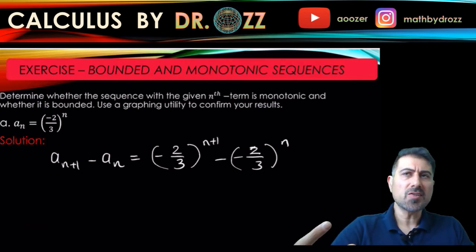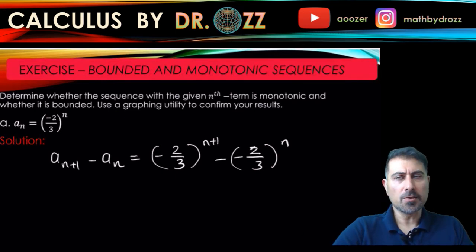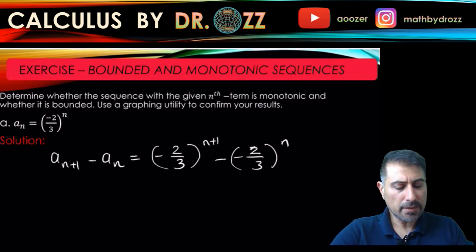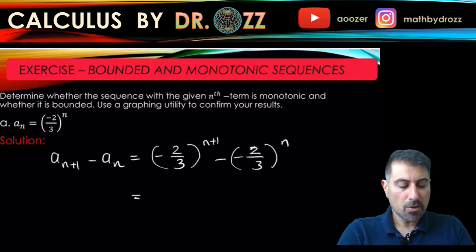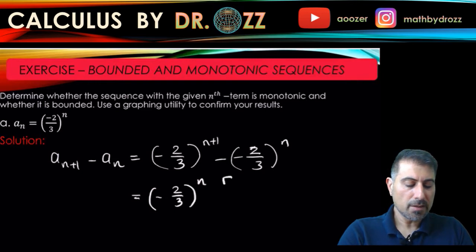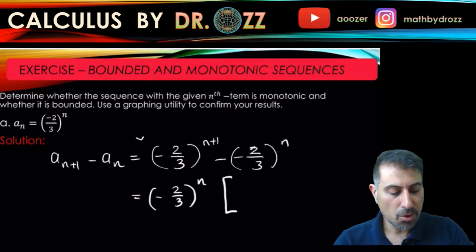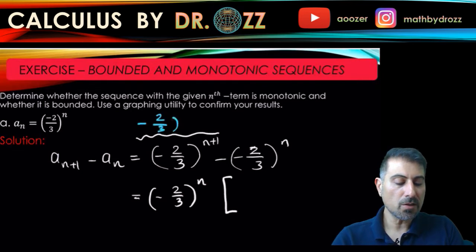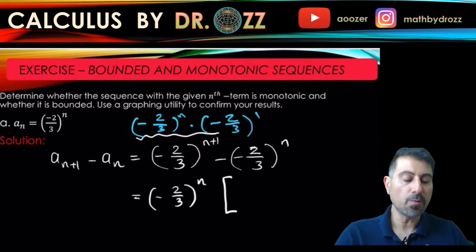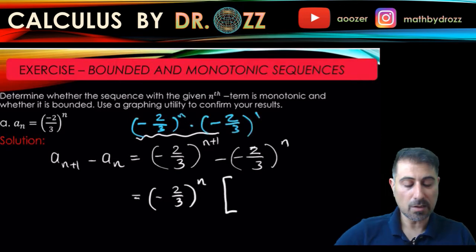So how can we decide if this is less than 0 or greater than 0? Well, because we have to prove this for all n. So, here, (-2/3) to the power of n is a common factor because I know that I can decompose this as (-2/3) to the n times (-2/3) to the power of 1. So that's how we split this term.